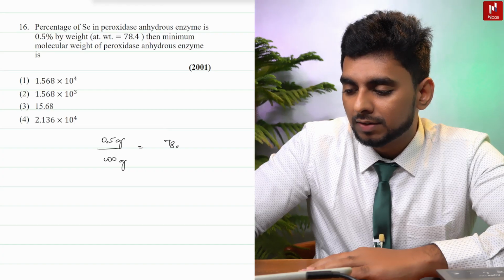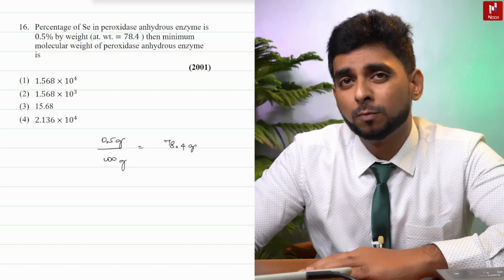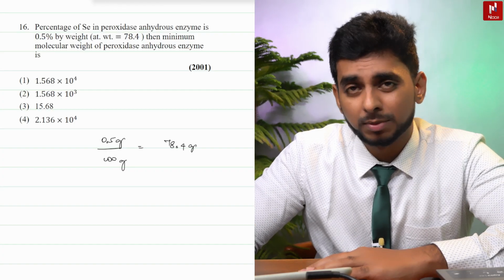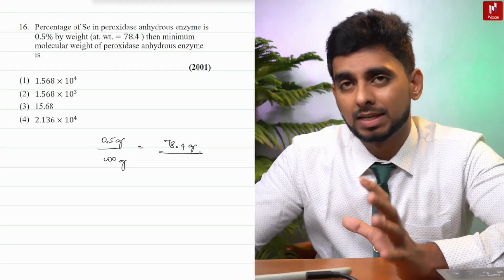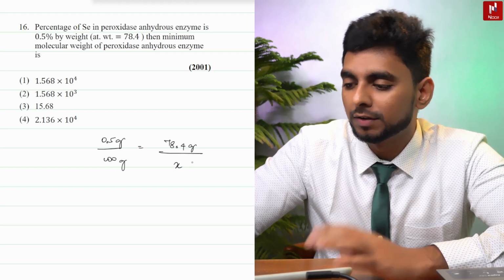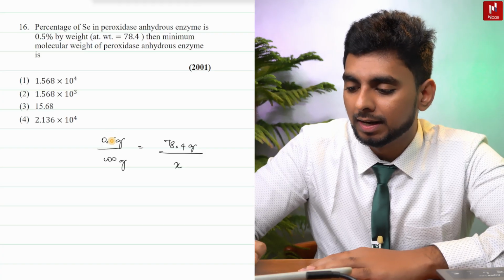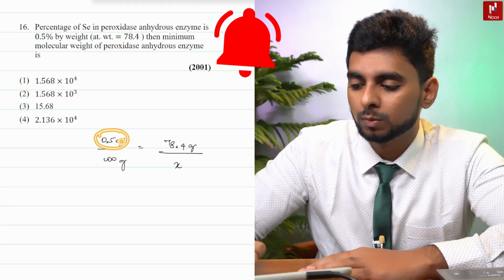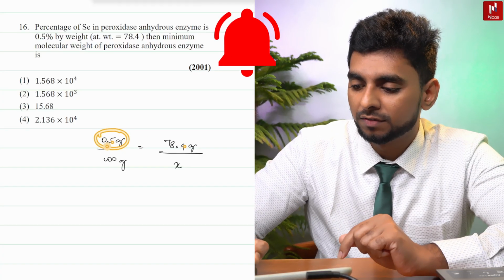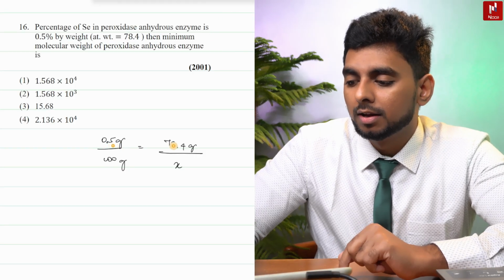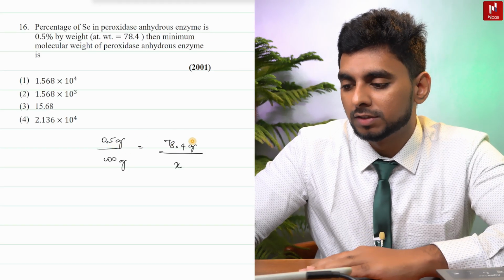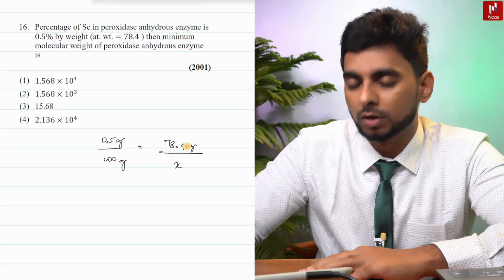So if 78.4 gram of selenium was present, then what will be the mass of the enzyme? That should be the X that I need to find over here, right? It should be clear here. In the numerator, I just compared with the selenium. So if 0.5 gram of selenium was present, then the equivalent amount of molar mass of selenium will be equal to 78.4 gram, isn't it?